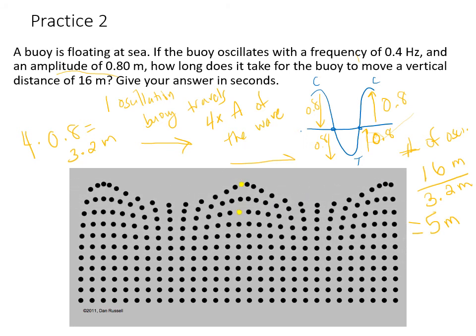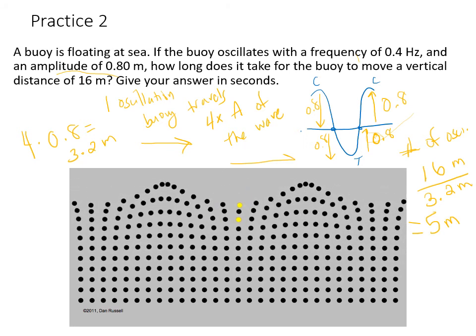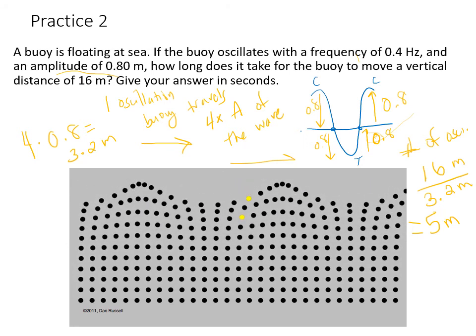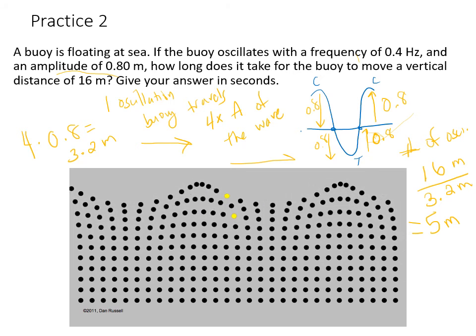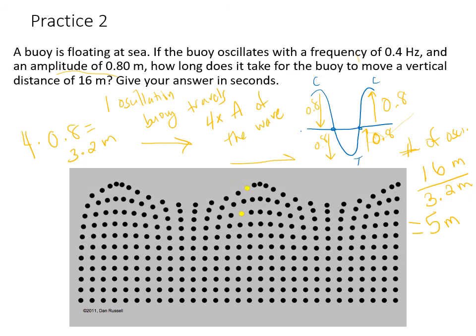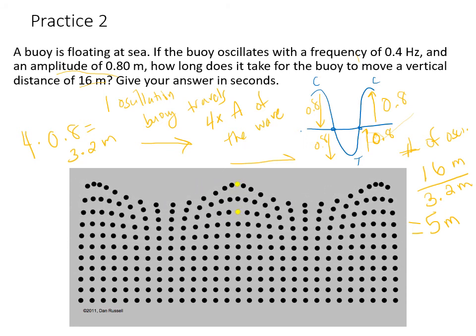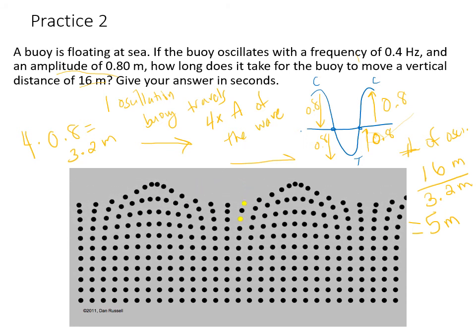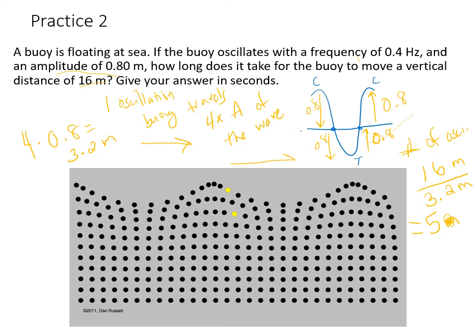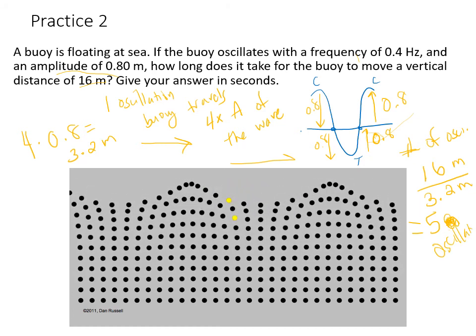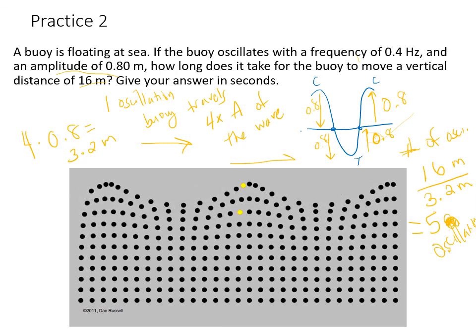Again, I took the total vertical distance traveled by the buoy in a single oscillation and divided that into 16 meters, and that gives me 5 oscillations that the buoy has to go through in order to travel a total distance of 16 meters.